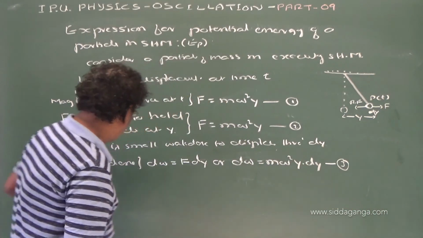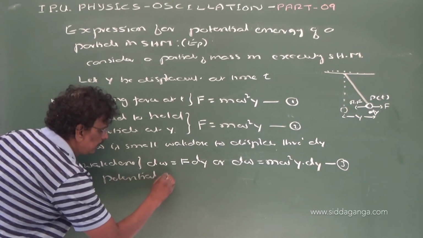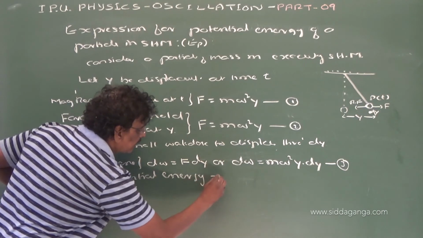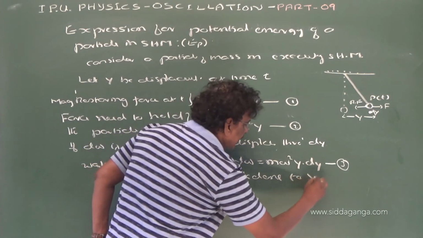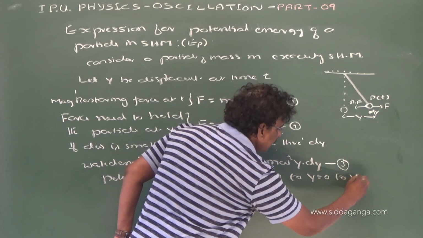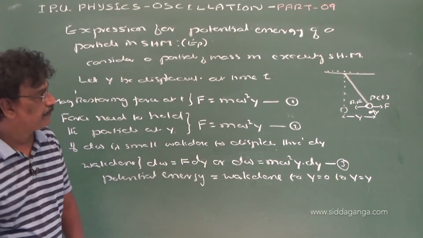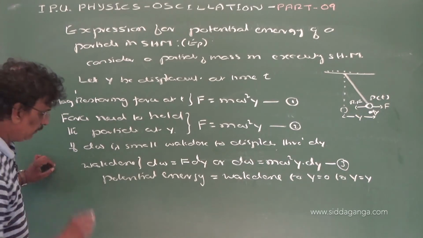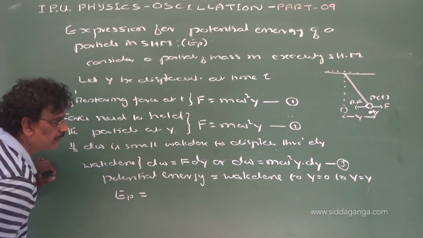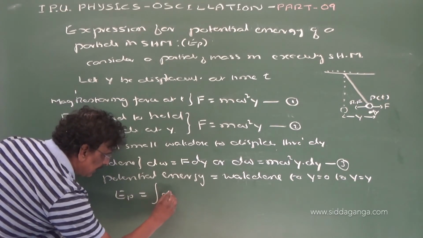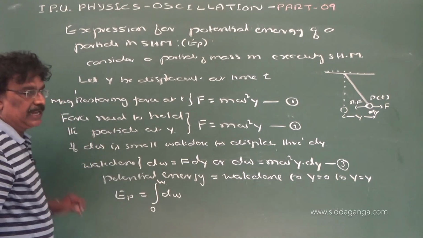That means potential energy is equal to the work done to change the position from y is equal to 0 to y is equal to y. Now, this potential energy is the integral of the work done from 0 to w.